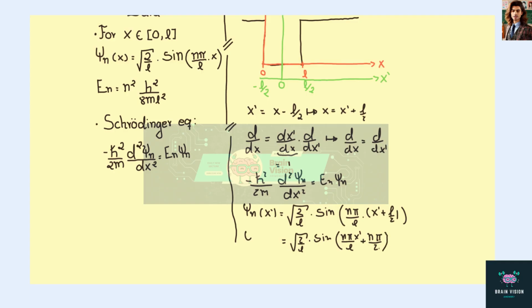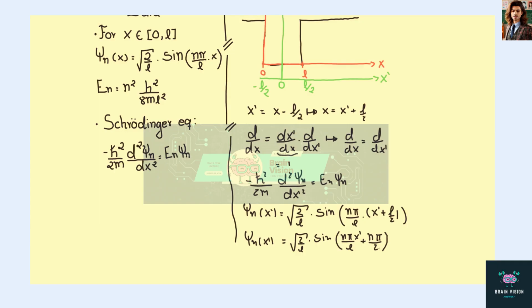And this is also in the same form as the suggestion that is given in the question. This would be the extra phase factor that appears in the suggestion. So this is what we expect the wave function to look like after the translation.